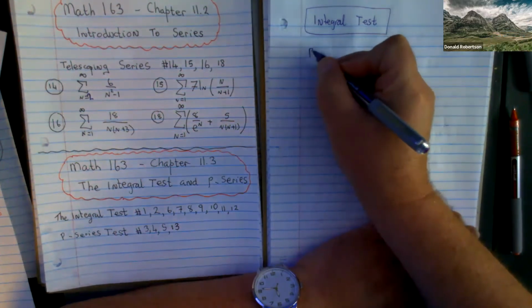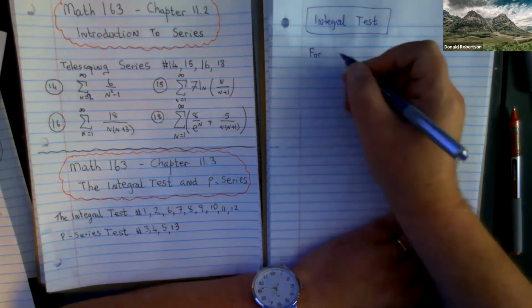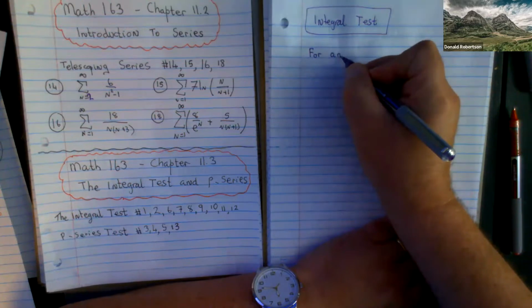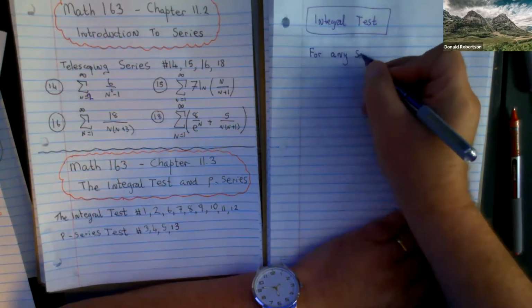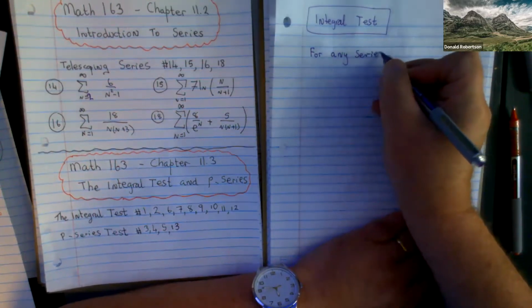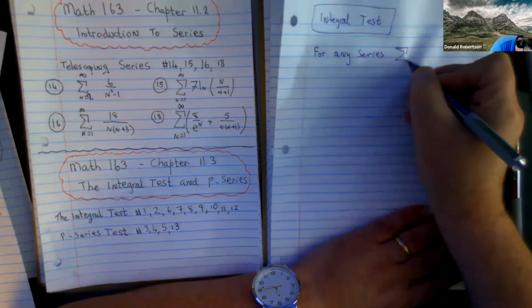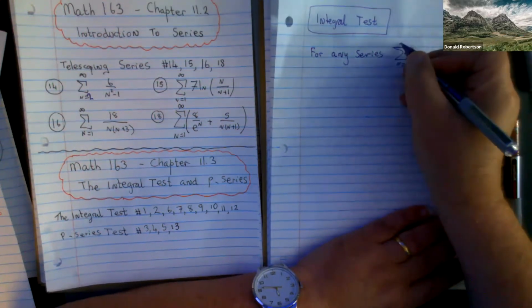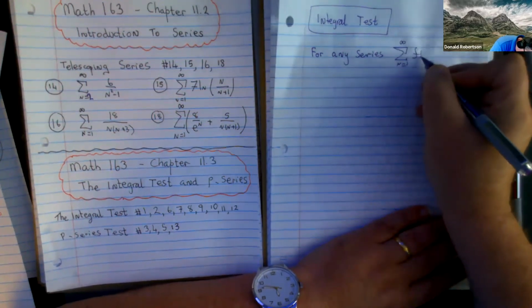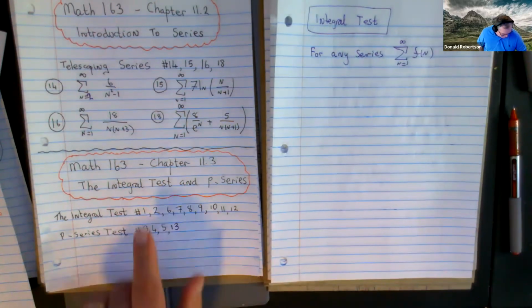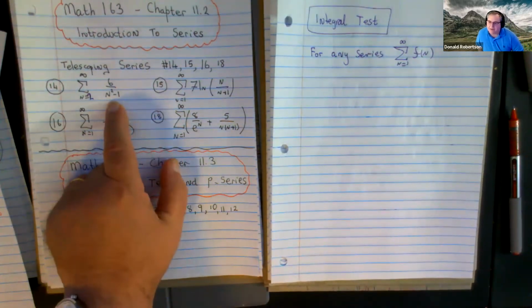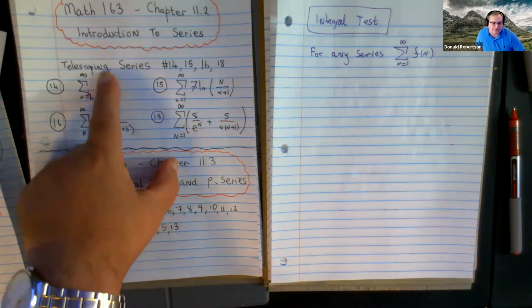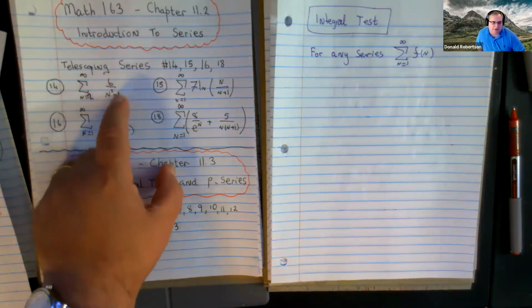I'm going to rewrite it slightly different from usual, but there's a reason for that. For any series, sigma n equals 1 to infinity, and I'm going to call it f of n. Now, normally we just call it a of n, but f of n is okay. So for instance, see this guy here, this would be f of n, right?